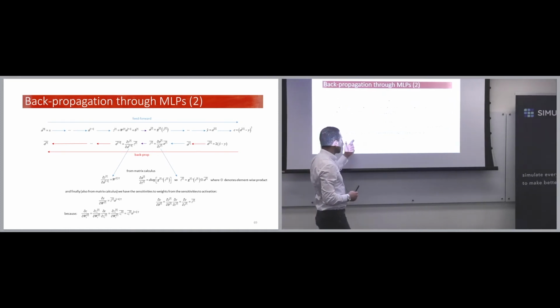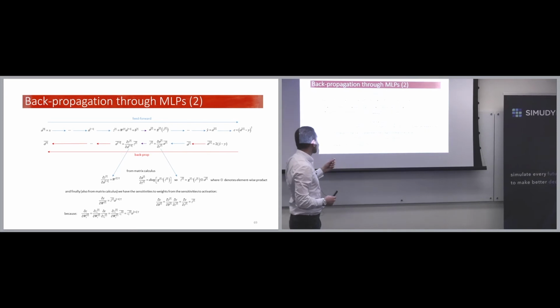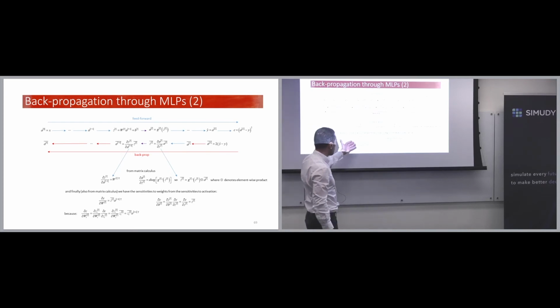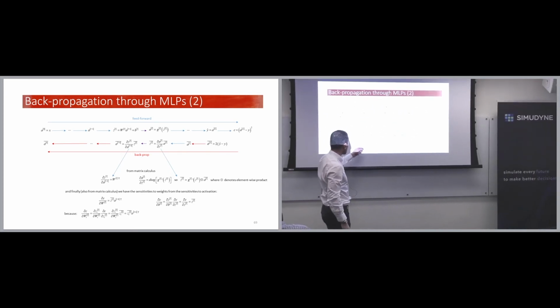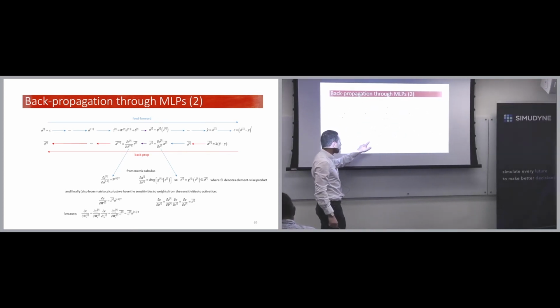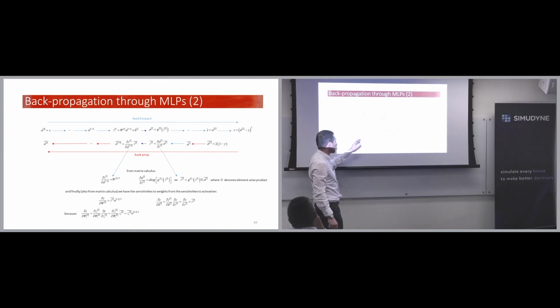And these sensitivities are obtained from the sensitivities to the ALs by applying elementary matrix calculus. For instance, the weights WL, the matrix of weights for layer L, the only place where they're used is to calculate the activations AL out of the activations A(L minus 1).